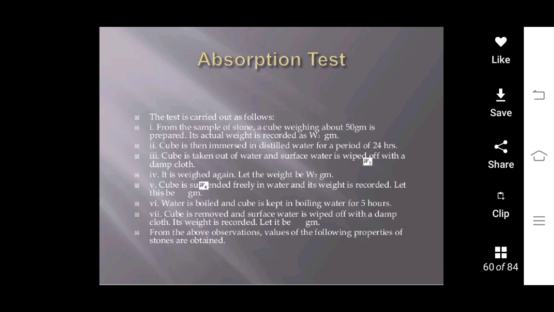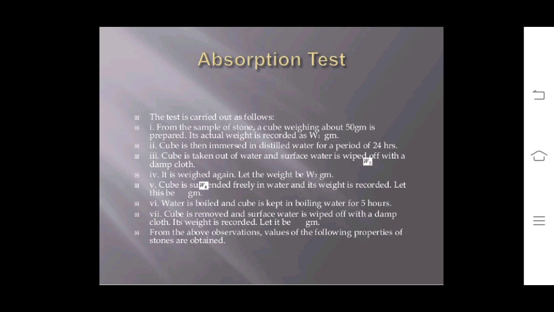In the next step, the cube is taken out of the water and surface water is wiped off with a damp cloth. After that, it is weighed again. Let the weight of the stone be W2 grams. In the next step, the cube is suspended freely in water and its weight is recorded. Let this be W3 grams.